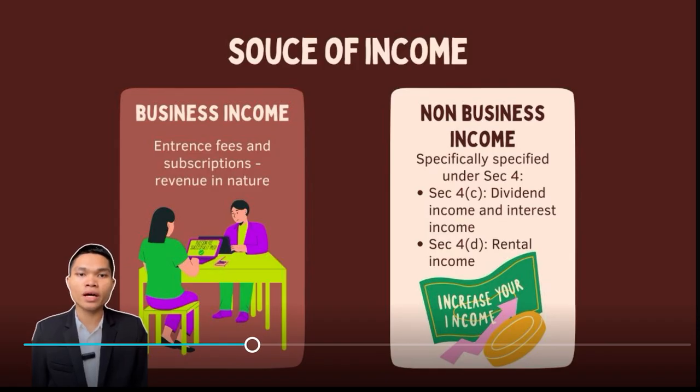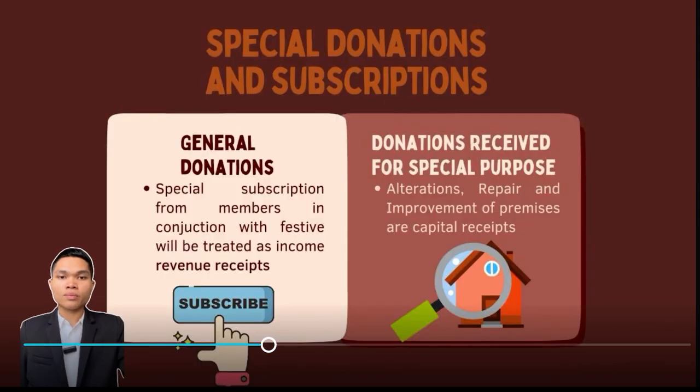Non-business income is specified under Section 4 of the Income Tax Act. For example, Section 4C, dividend and interest income, and Section 4D for rental income.